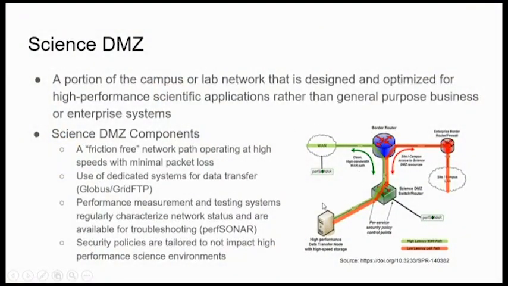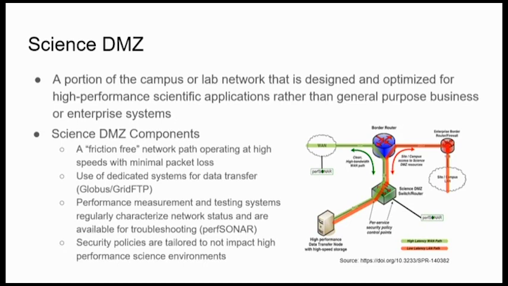What the science DMZ model does is bypass all of the campus infrastructure, and this is done on a very low latency link and a very high throughput link. So this effectively provides a friction-free network for high speeds and minimal packet loss. It's optimized for high performance scientific applications, unlike what a commodity network would look like.